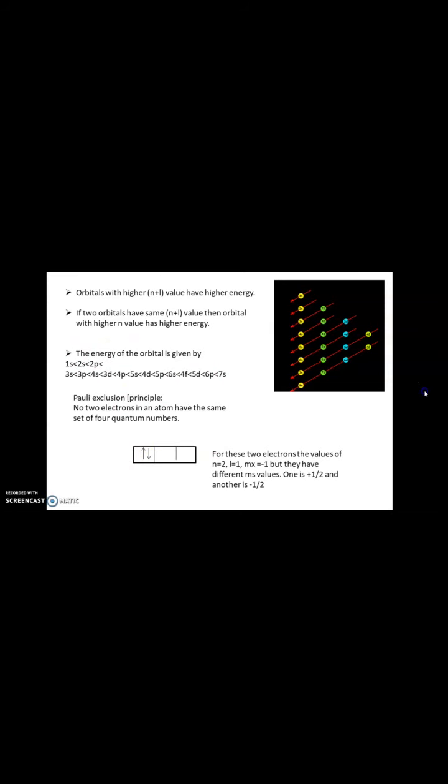Now we are coming to the last topic, that is called the exchange energy. In the distribution of electrons in some orbitals, we have found some electron configurations that are exceptionally stabilized, such as p3, that means 3 electrons in the p subshell, p6, that means 6 electrons in the p subshell, d5, that means 5 electrons in the d subshell, or d10, that means 10 electrons in the d subshell.